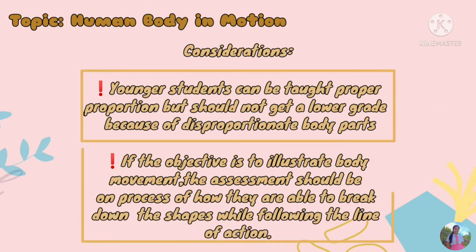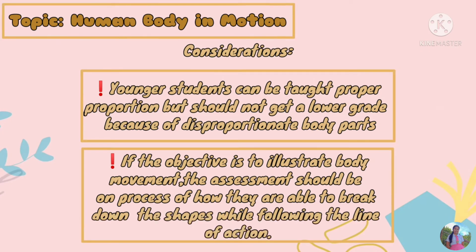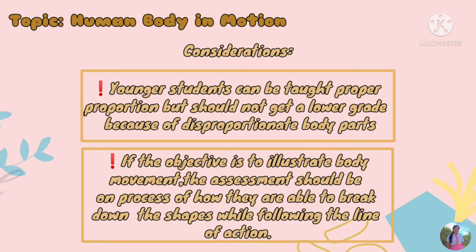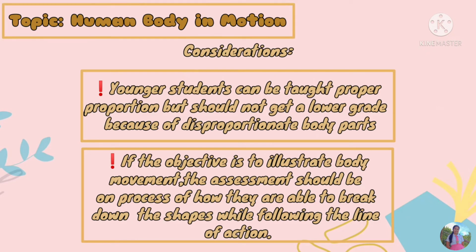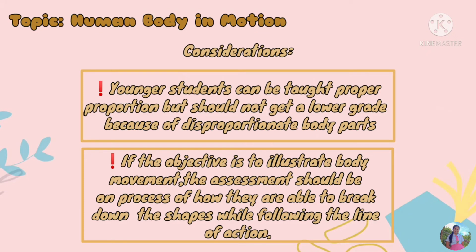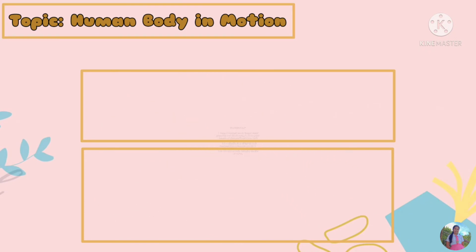If the objective is to illustrate body movement, the assessment should be on the process of how they are able to break down the shapes while following the line of action. For example, taking a photo of themselves doing the action, then copying it, or asking a classmate to model the movement live.